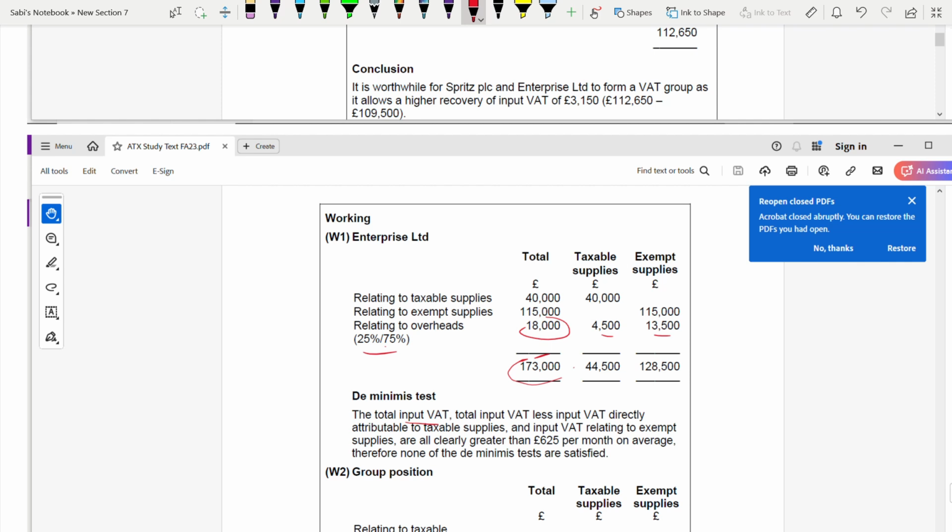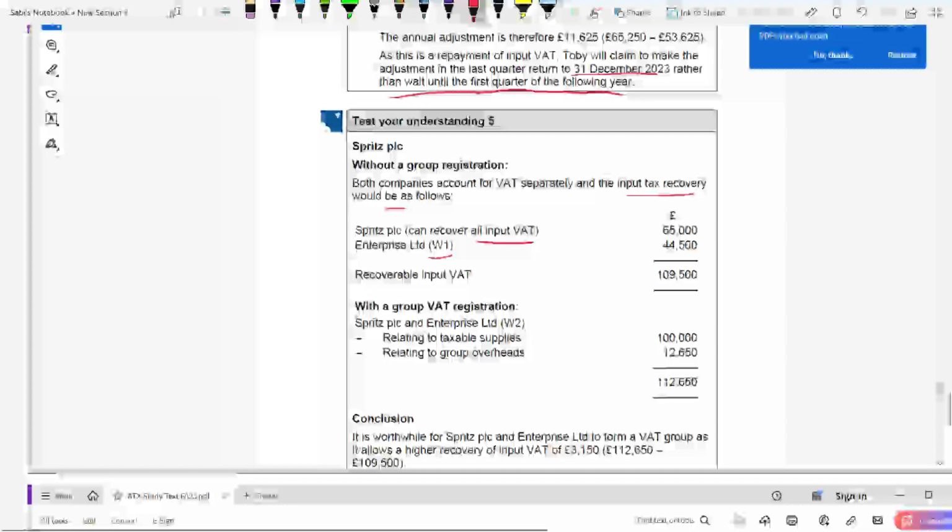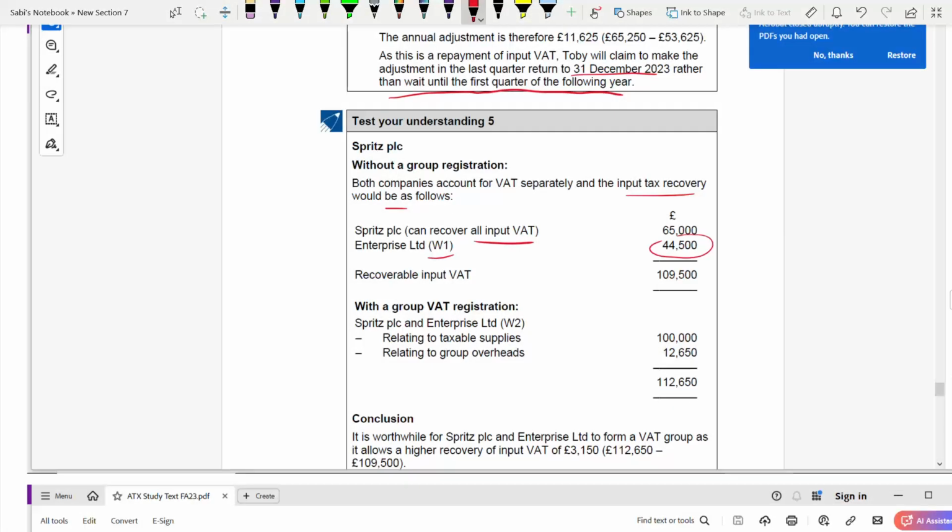Okay. So if you see, they are clearly all greater than 625 per month on average. Therefore, none of the de minimis tests is satisfied. So this 44,500 would be the amount that you can recover. So you add, this is your recoverable input VAT without group.